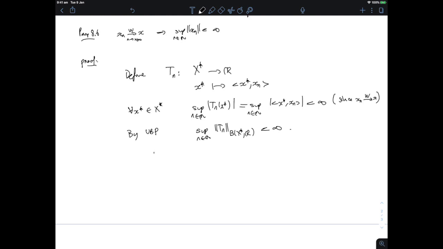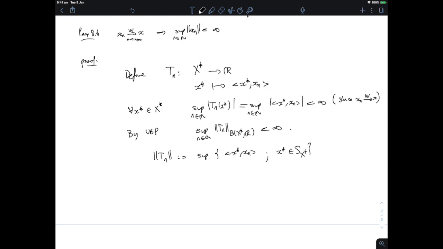But what is that norm? Well, that norm is by definition the supremum of ⟨x star, xn⟩ running over all x star in the unit sphere of capital X star.